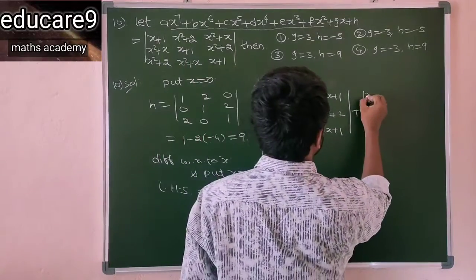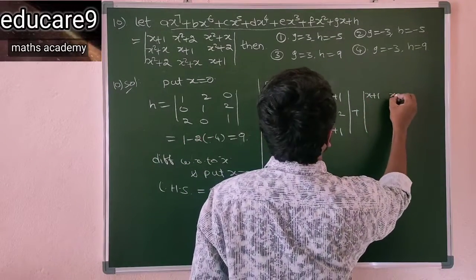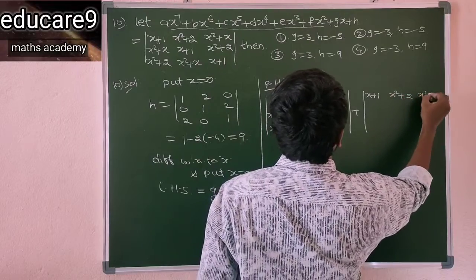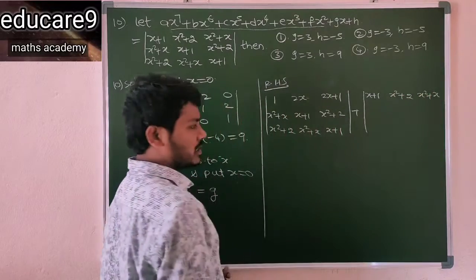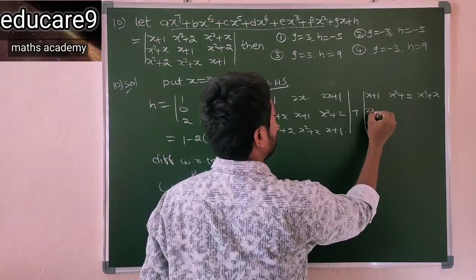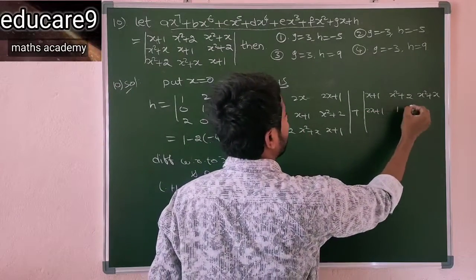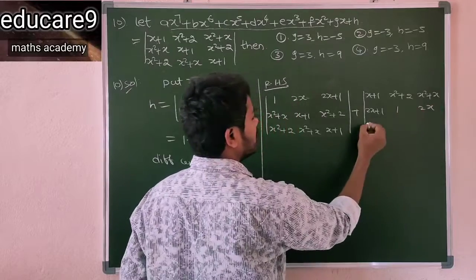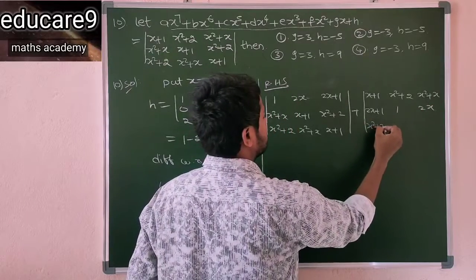So that is x plus 1, x square plus 2, x square plus x. Now the derivative of the second row, 2x plus 1. So 1, 2x, this as is.